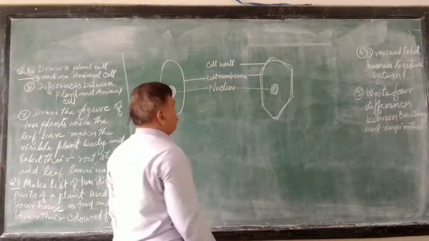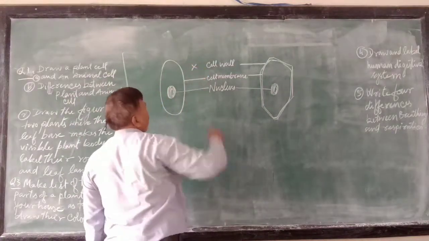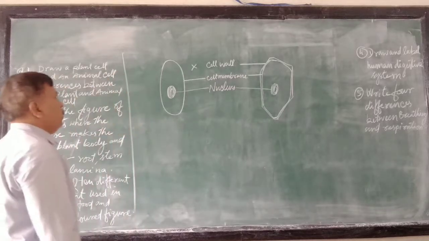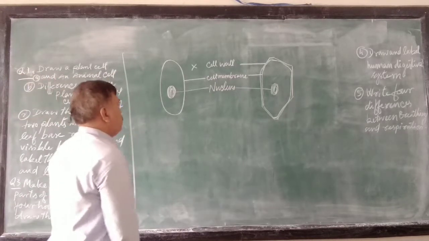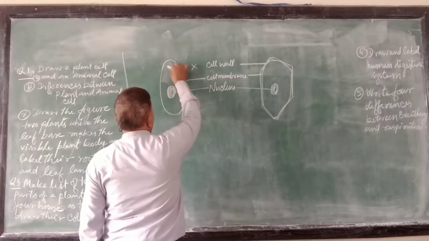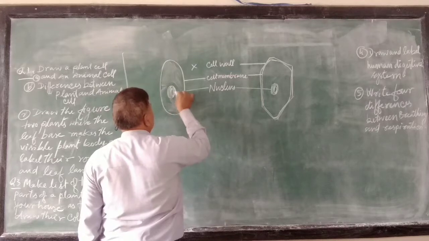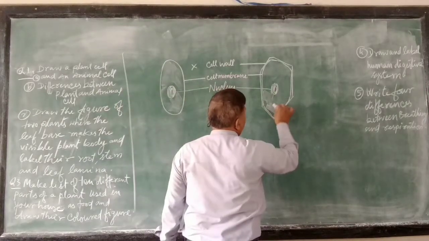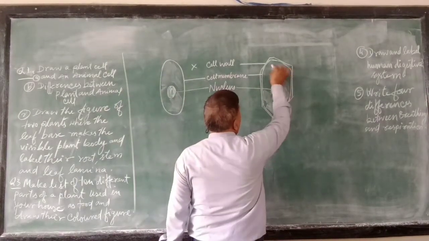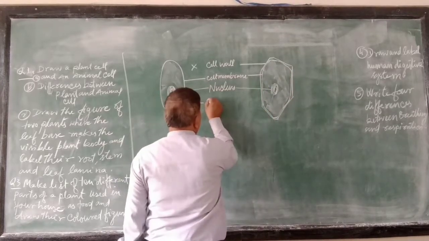This cell wall is present in the plant cell, but in the animal cell the cell wall is absent. Then you see this is full of jelly-like or semi-liquid substance, and this is all cytoplasm.